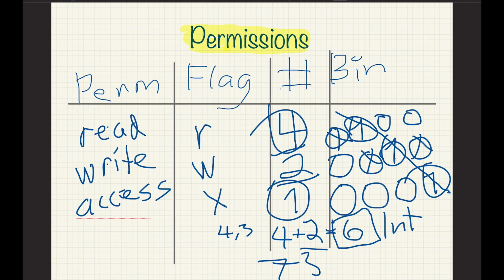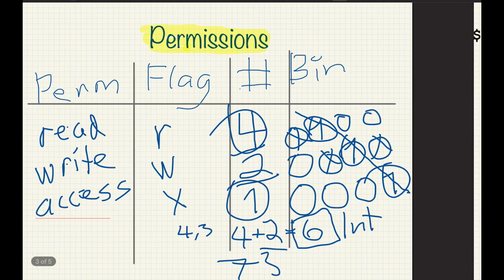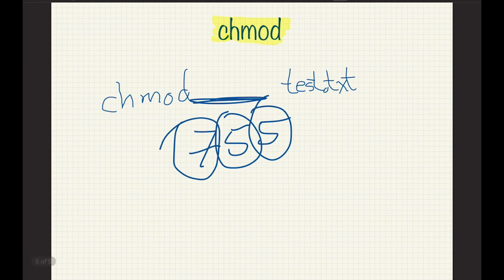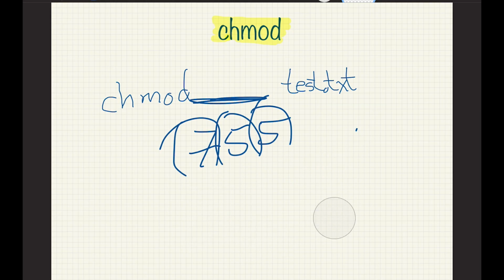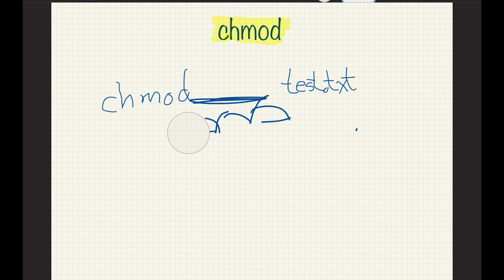So read and access, that is 5. So this command means that the user will have read write access, and the group and other will have read and access. That's correct. So 755 is something you use a lot because you want to give access to directories and run permissions for scripts and programs.